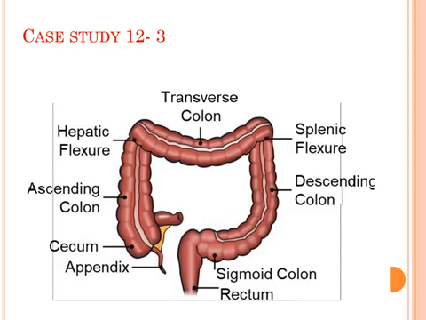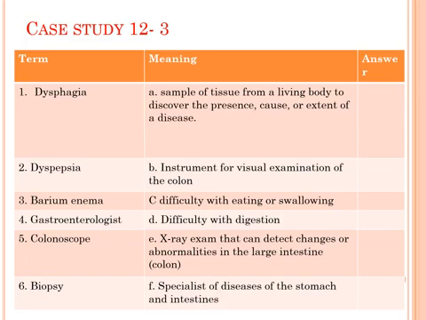I'm showing you the image of the large intestine. Here, the appendix, ascending colon, transverse colon, descending colon. We've got flexure, hepatic, near the liver, and splenic, near the spleen. Now, can you please spend 5 minutes on this exercise?